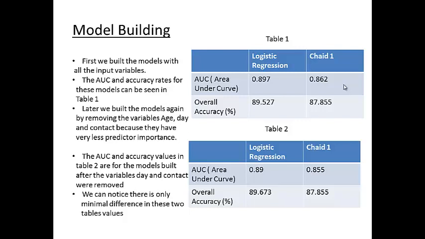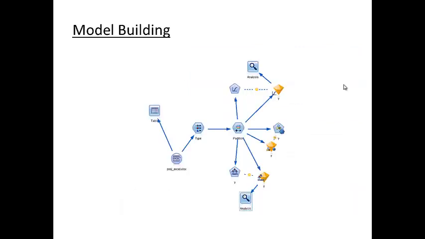Then we got area under curve and overall accuracy almost the same as previous. This is our complete model, which shows the CHAID and logistic regression models.